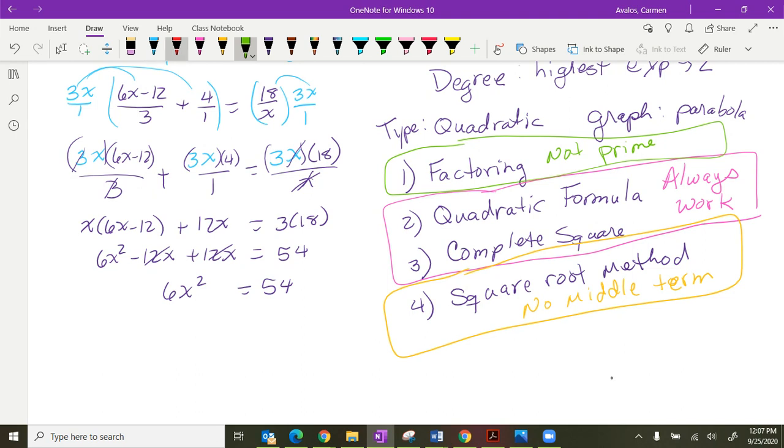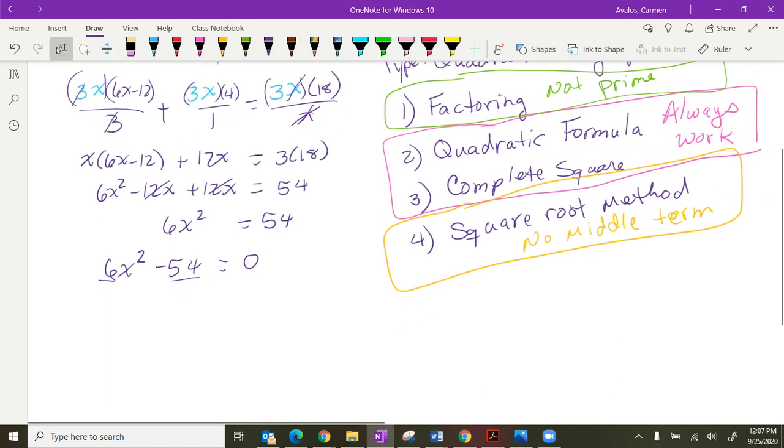If I put it back the other way, 6x squared, I bring the 54 over, I only have the leading coefficient a, 6, and the constant c, negative 54. So I do not have a middle term b, so I could just solve it. This is a good format to have it in, because that's what you would do with the square root method.